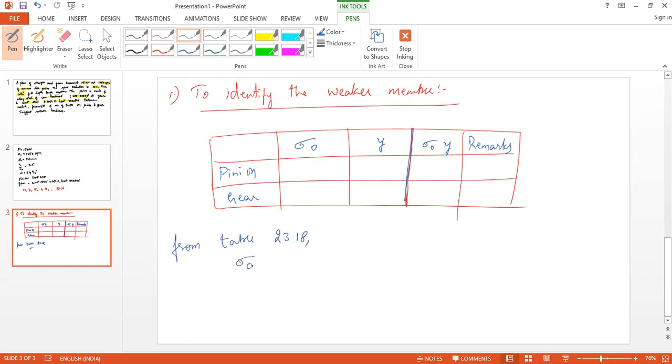The material properties are sigma O1 is 345 Newton per mm square, and sigma O2 is 173 Newton per mm square. So here it is 345 and here it is 173. And how to find out the Y?